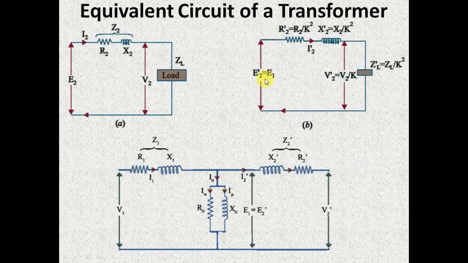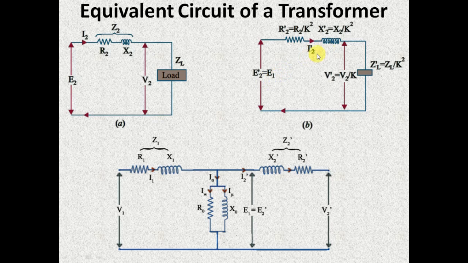Since E2 dash is same as that of E1, we can easily write E2 dash is equal to E2 by K, because E2 by E1 is equal to K. So from there I can write E1 is equal to E2 by K. So easily I can say that E2 dash is equal to E1 is equal to E2 by K. So that's how E2 dash will be related with E2.